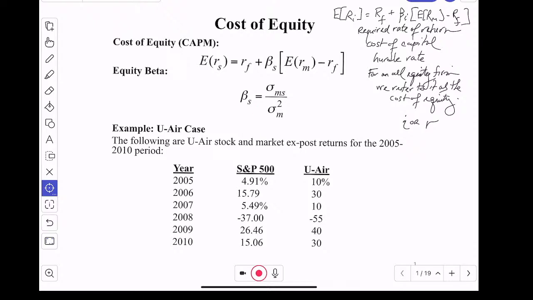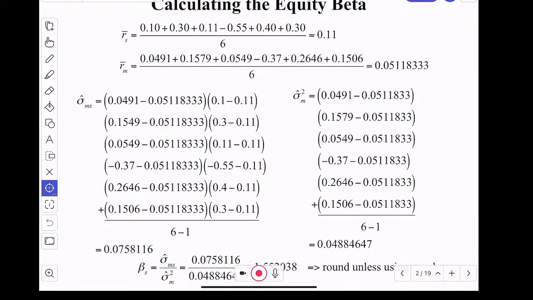So I gave you this information on your stock and market ex post returns from 2005 to 2010. So this is actual data. This is obviously a hypothetical firm. And we're going to compute the beta.